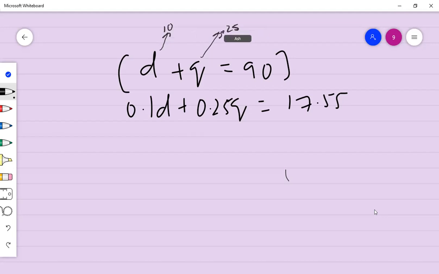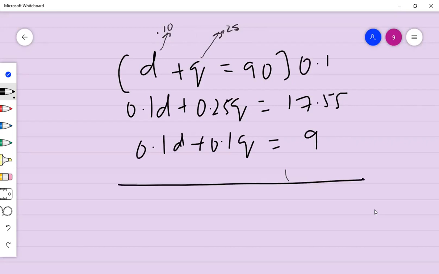Like 25 cents and 10 cents. So what we do? We multiply it by 0.1. So we will get 0.1d plus 0.1q equals 9. We multiplied the whole of equation 1 by 0.1 to equalize the coefficient of dime. So we get the same coefficient over here.